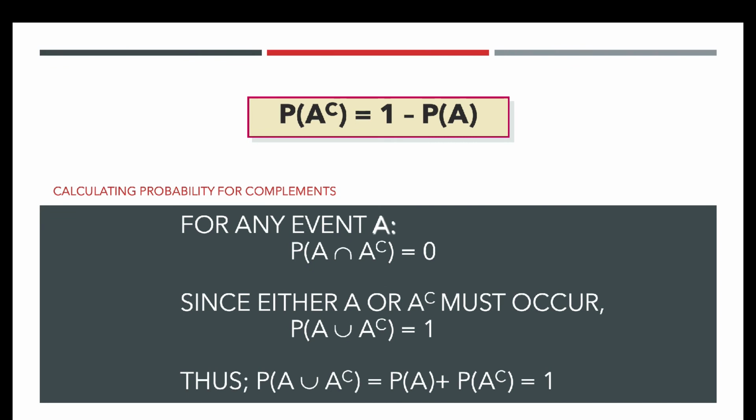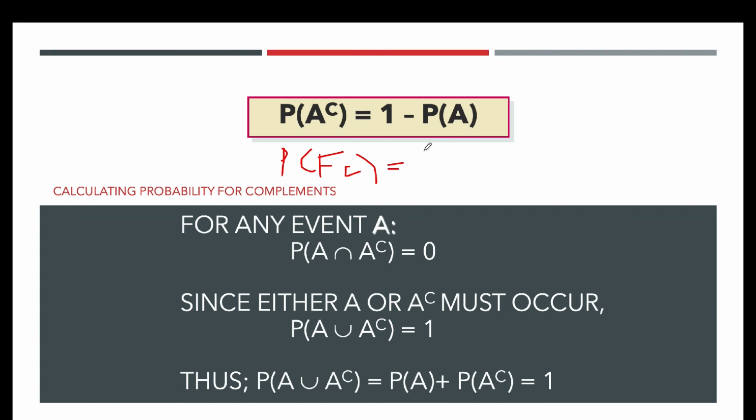In this formula it should be A, but we can change it to PF. So the formula is PFC equals 1 minus PF.